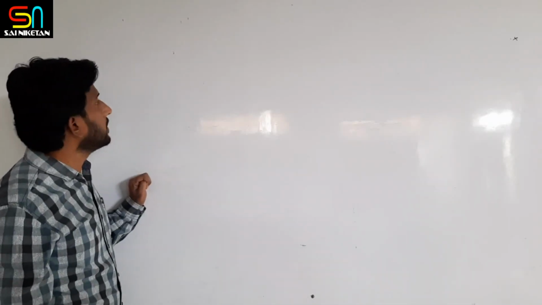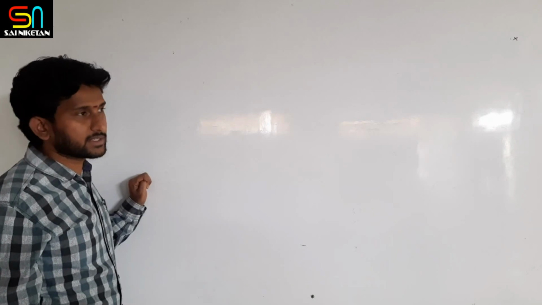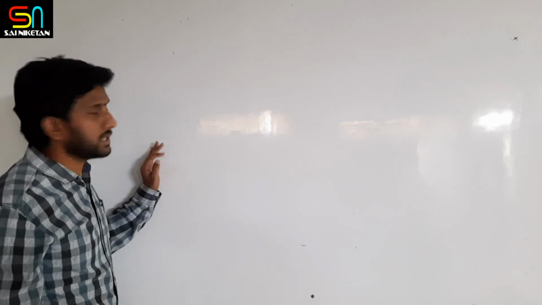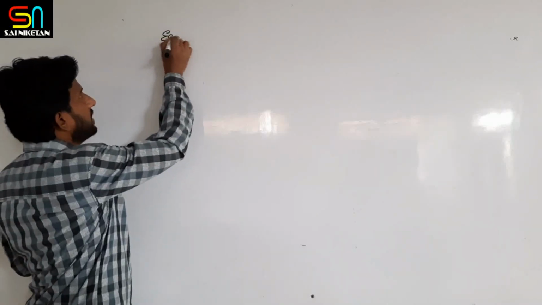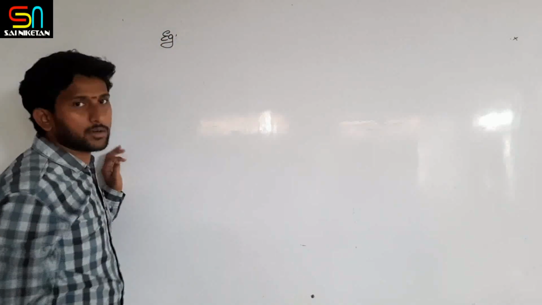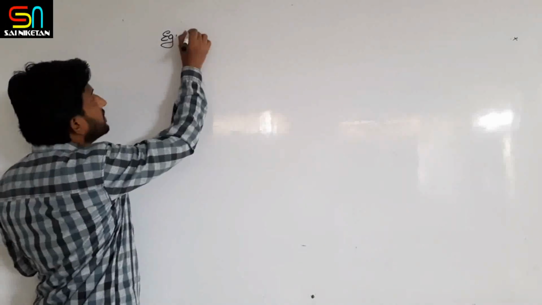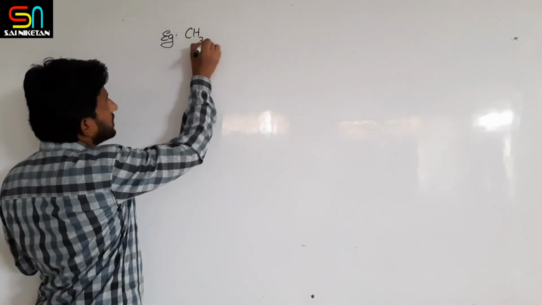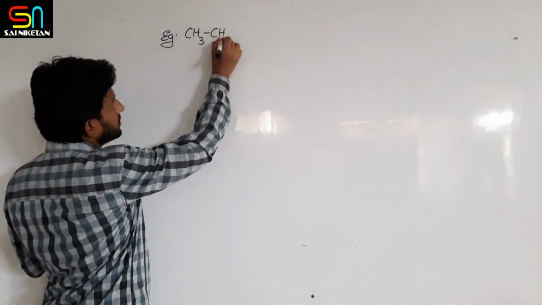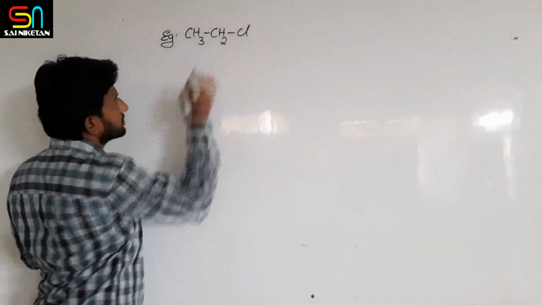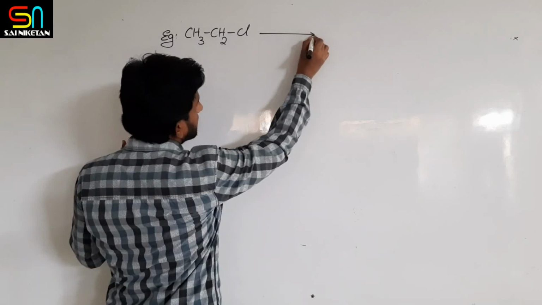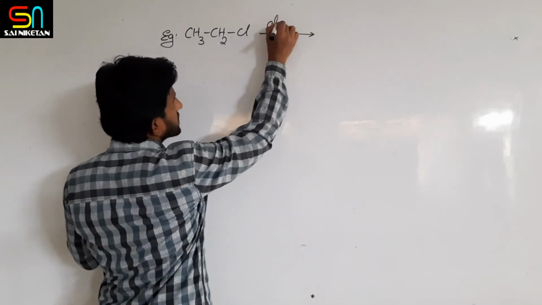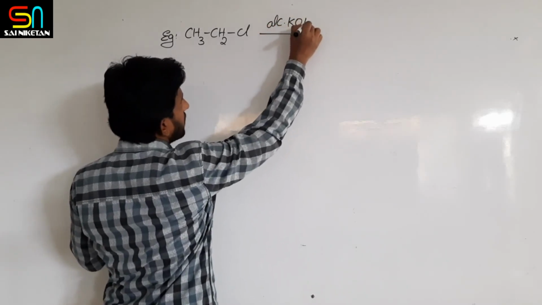Now let us take a few simple examples. What will happen in elimination reaction? The first example I am taking here is ethyl chloride, CH3CH2Cl. You are heating this with a strong base, I am taking here alcoholic KOH.